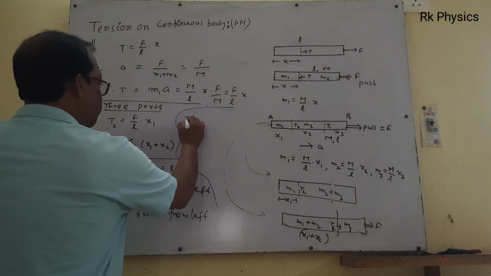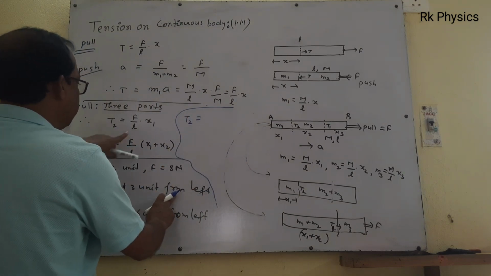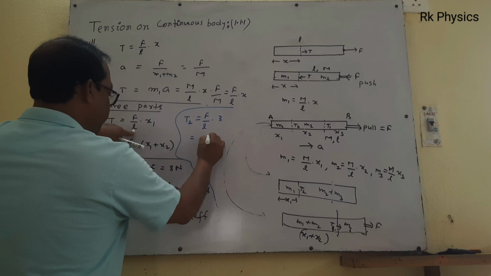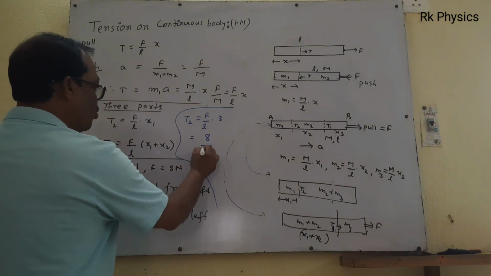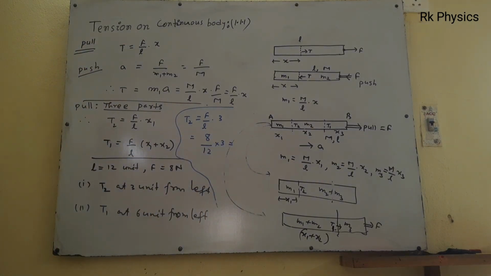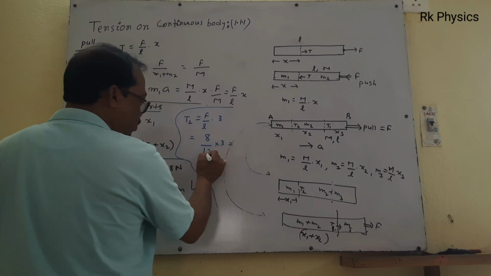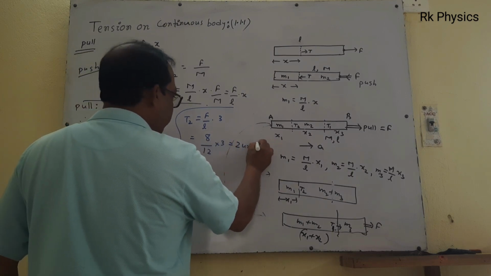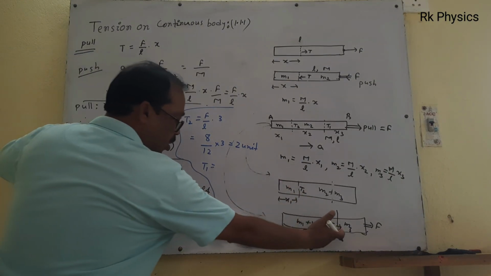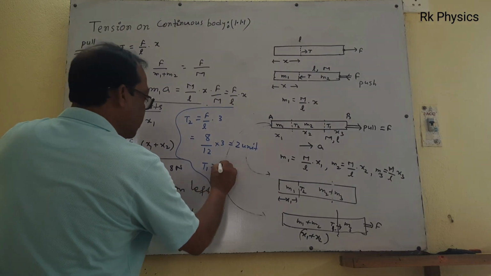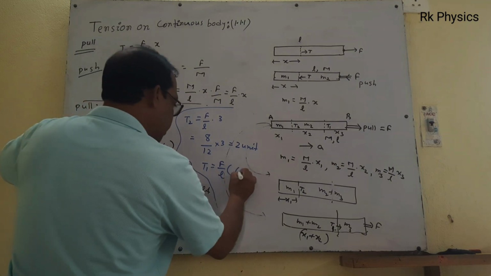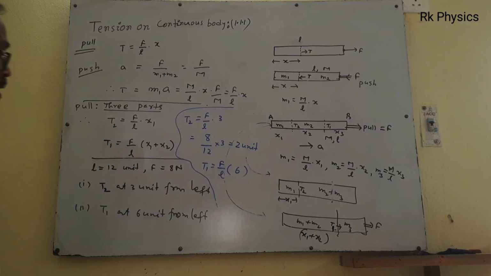So for T2, put in this formula 3 units from left: F divided by L into 3. F is 8, L is 12, into 3, so that is 2 units. Then what is T1? T1 is F by L into x1 plus x2, the front section. x1 plus x2 means a total of 6 units.